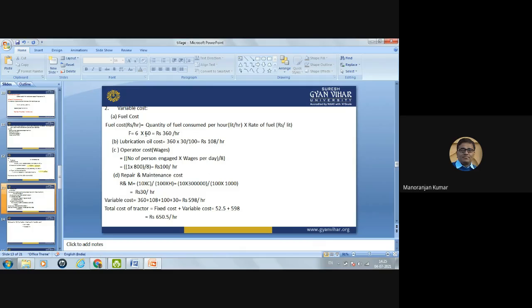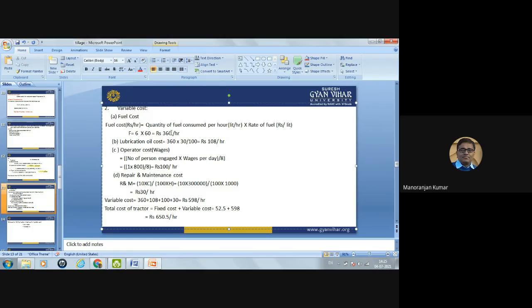It is assumed; if the rate of fuel is more, nowadays it is 80 rupees, so you have to put 80 rupees here. In this way you can calculate the fuel cost. F is equal to 6 into 60, 360 rupees per hour. So in 1 hour, how much is the cost of the fuel consumed?